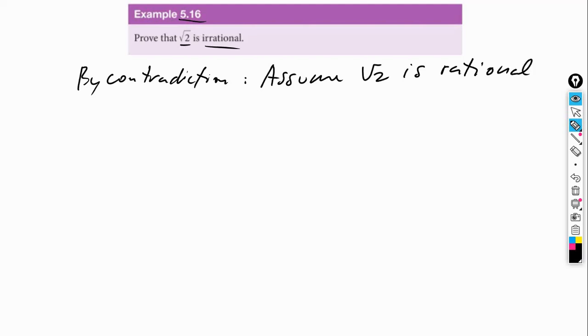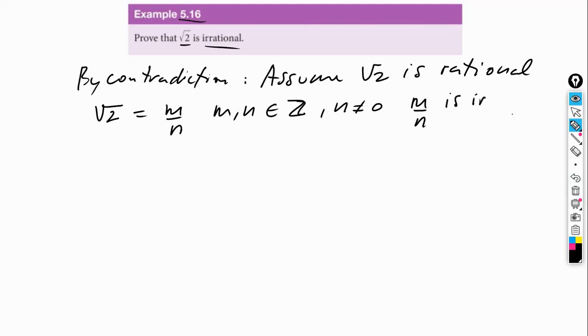So if square root of 2 is rational, it means that it can be expressed in the form square root of 2 is equal to m over n, with m and n being integers, and then n not being equal to 0. Then we also have the fact that m over n is irreducible.